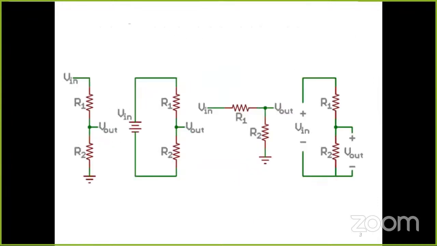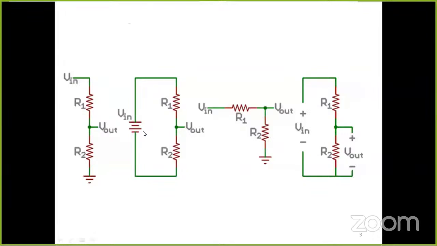Now this one is a simple circuit we are going to make for the voltage divider rule like this. Over there we use R1 and R2 resistances for dividing the voltage. All the circuits are the same, just their representation is a little bit different. So the basic concept we are going to understand over here.